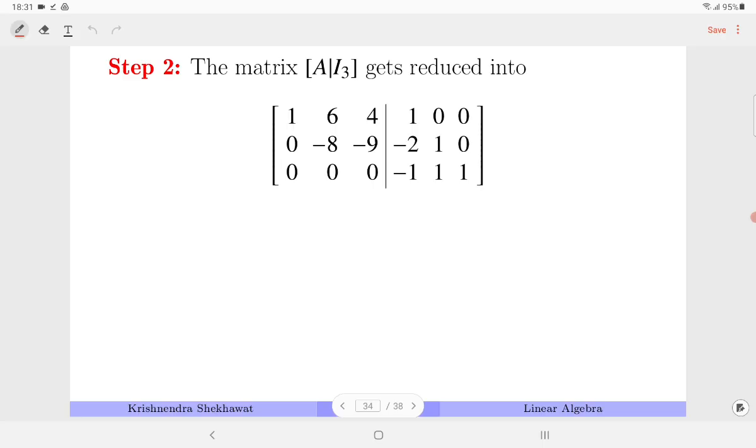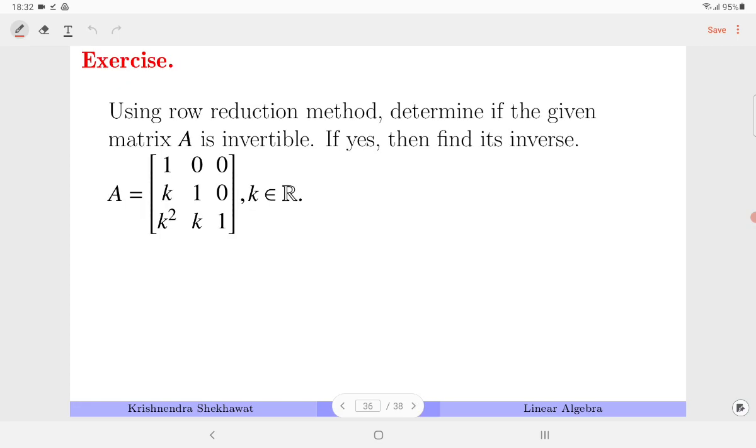Even this is not in the form of RREF, but I can easily make this one equal to 1. The important point to notice here is that it can never be equal to I3, because of this 0, which means that the inverse does not exist. An exercise is given, try yourself.